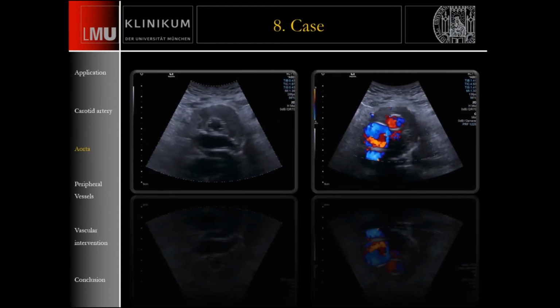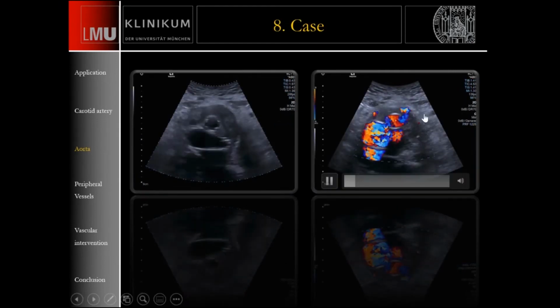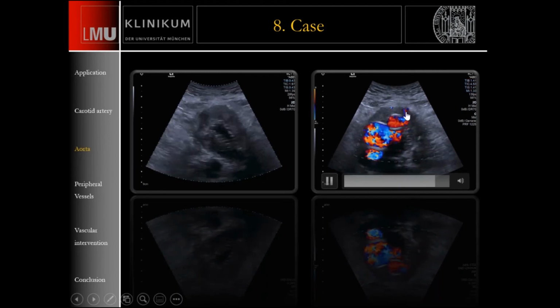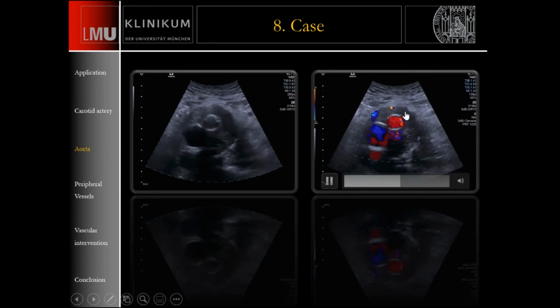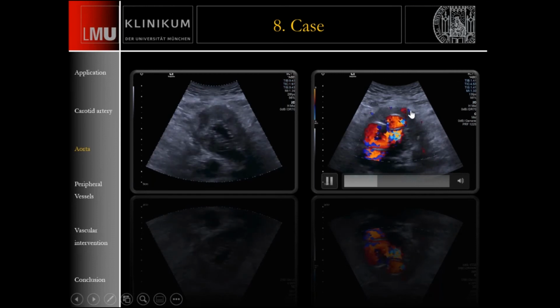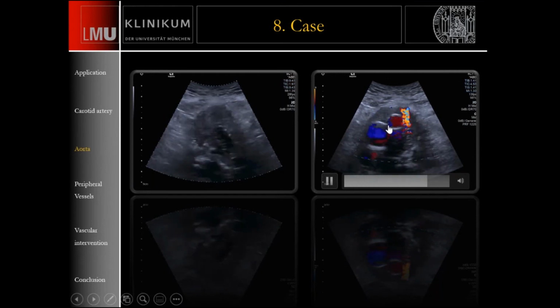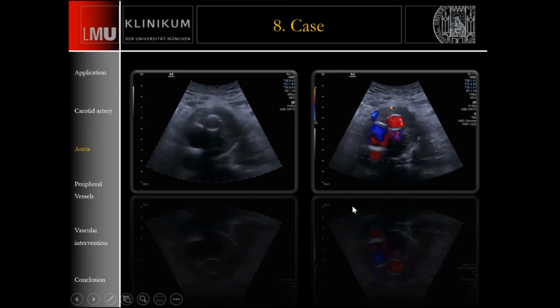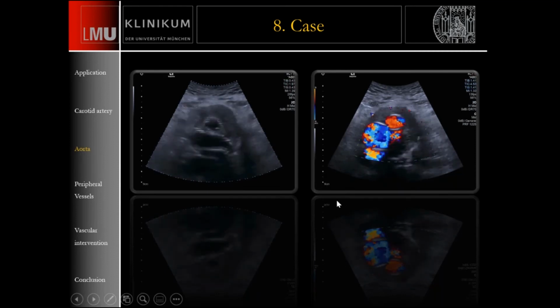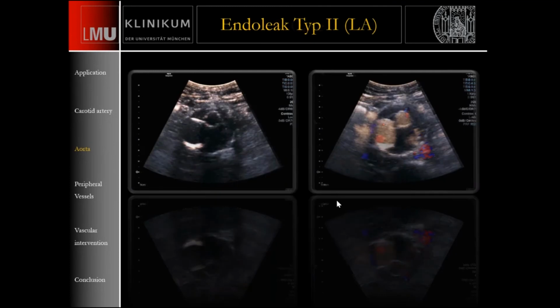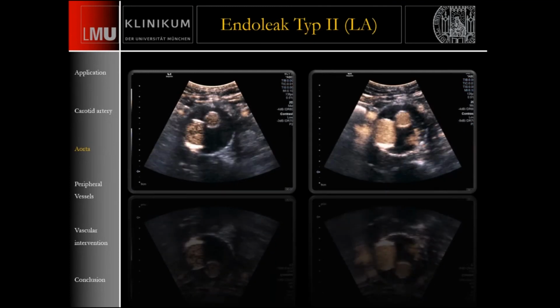Another patient, also with a stent graft. If you have less experience, you can say this could be a vessel, but if you have experience, you will say this is a kind of twinkling artifact. The perfusion of the stent graft seems to be fine, so normally we would not expect any leak in this case. By looking at the contrast, you see a nice filling of both legs of the stent graft.